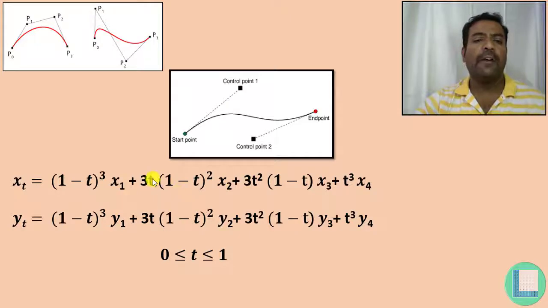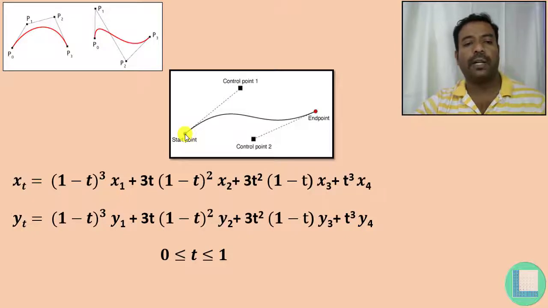Hence, if I want to find all these points based upon the 4 points which we are going to use to draw a curve, the first point is x1, y1. Through this, I'm going to find one intermediate point which is going to be part of the curve.